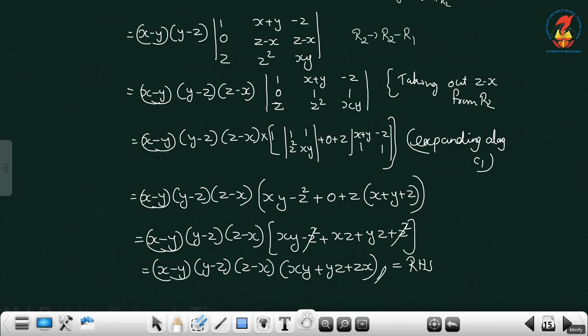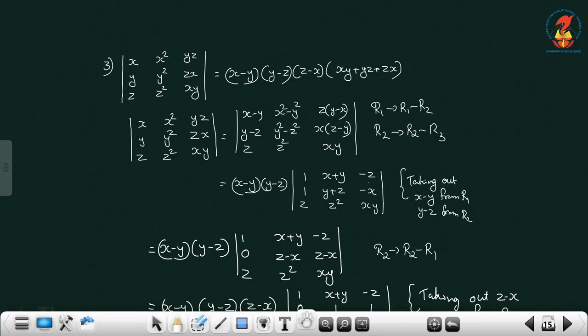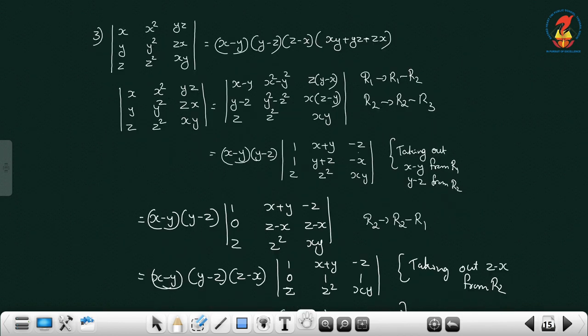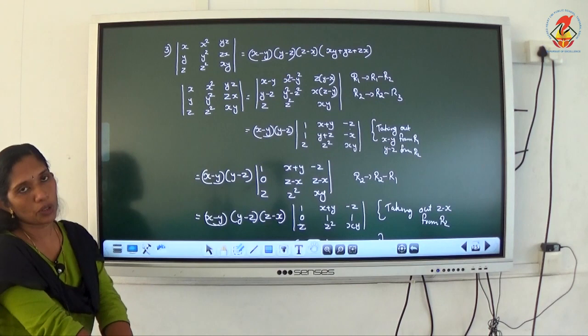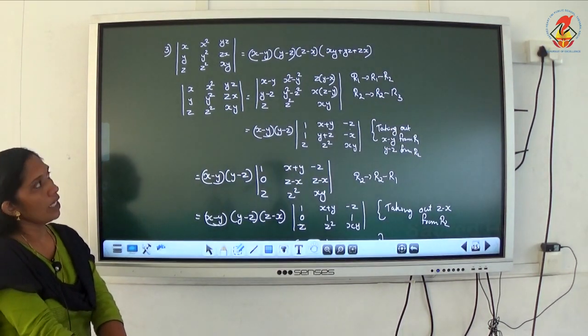Check the answer. The answer is x minus y, y minus z, z minus x into xy plus yz plus zx. So in the first step, we do R1 implies R1 minus R2 and R2 implies R2 minus R3.